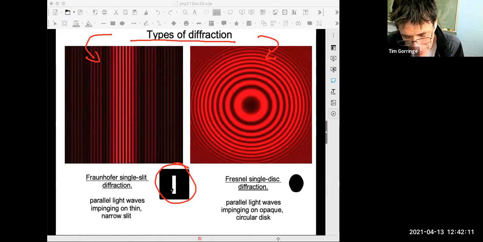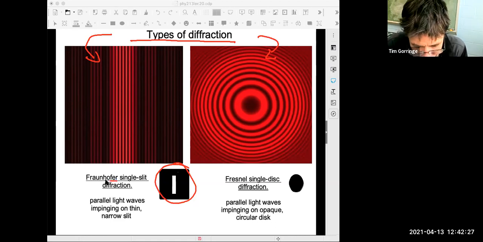In black is the barrier, and in white is the slit. You get this characteristic diffraction pattern over here of bright and dark fringes emerging from the barrier. This is given a particular name. It's called Fraunhofer diffraction. It's single slit diffraction, and it happens when light or other waves impinge on a narrow slit.